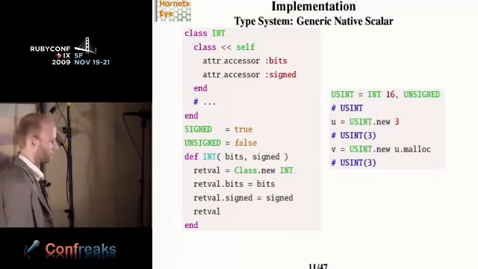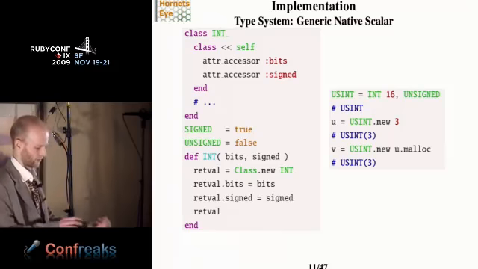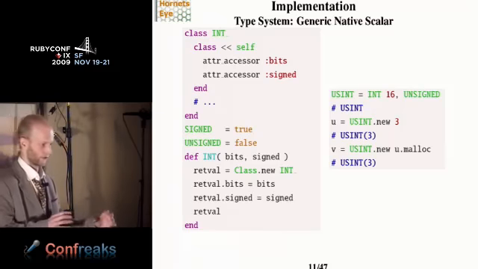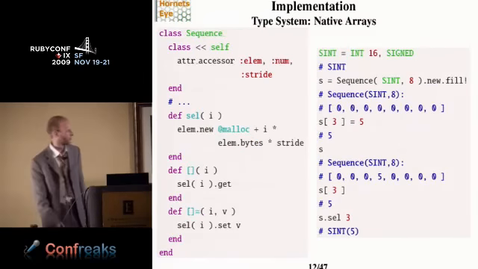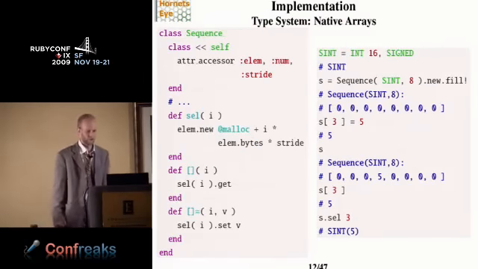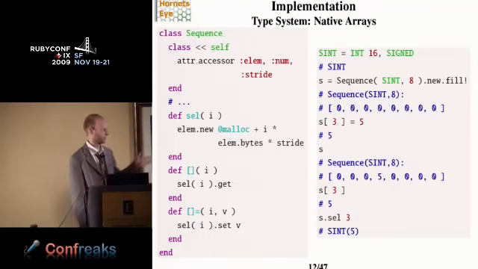Also, what's useful to implement is some means of having several Ruby objects viewing the same memory location. And in the same fashion, you can implement static arrays. In this case, you have a parametric class with parameters: number of elements, element type, and stride.